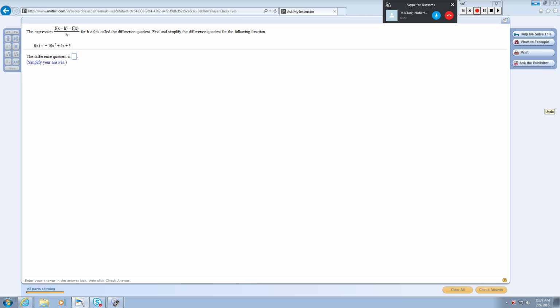But anyway, what happens to the negative 10x squared? Cancels with 10x squared there. Negative 4x cancels with the 4x, and the negative 5 cancels with the negative 5.